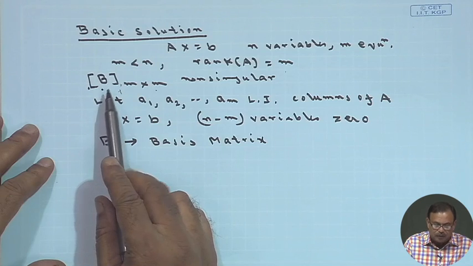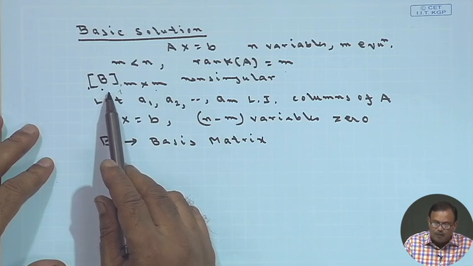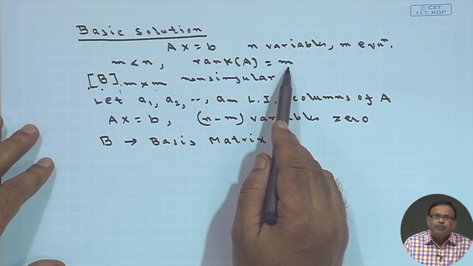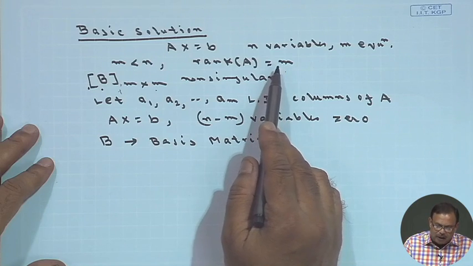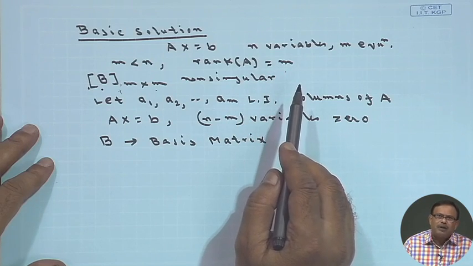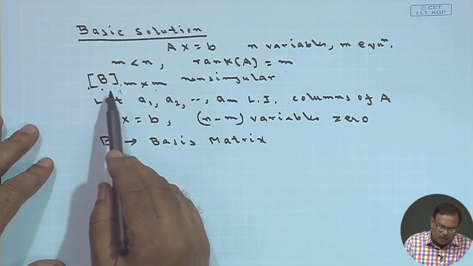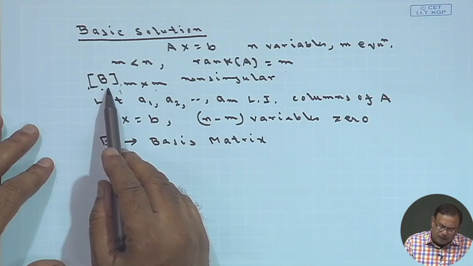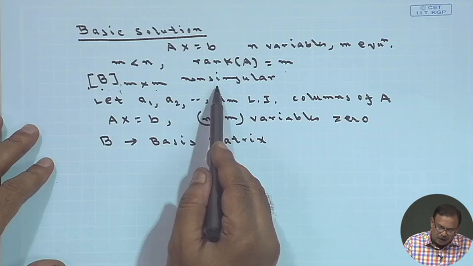Please note how we are forming matrix B. Since the rank of the matrix A is m, I must get m linearly independent column vectors, and using those I am forming one matrix B, which will be automatically non-singular.